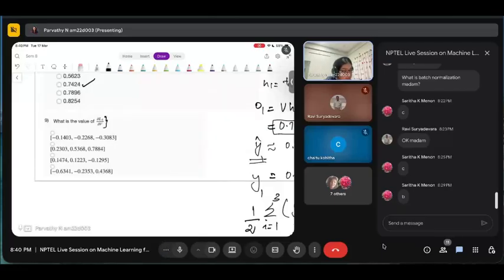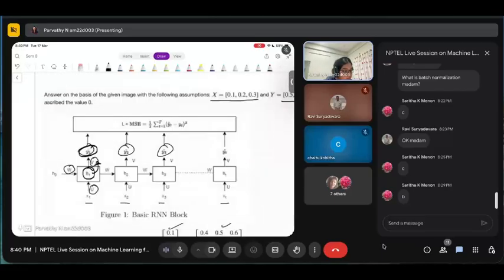So dou L3 is here. The loss is calculated here for the third input.